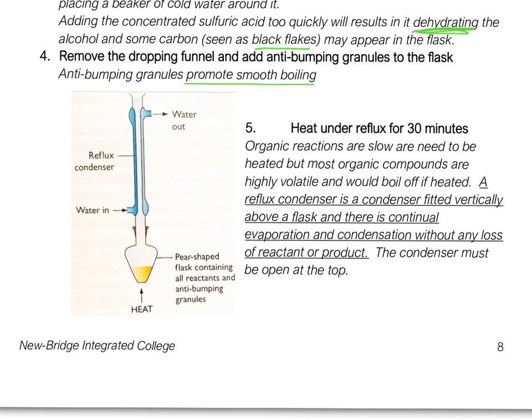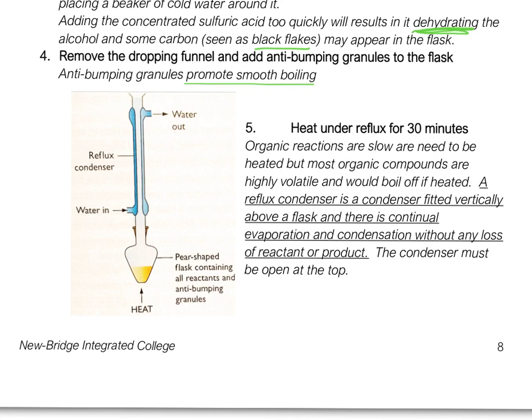So they prevent the reaction from being too vigorous and too bubbly, and it boils more smoothly. And that just prevents the reactants from splashing around the side of the container and allowing all the reactants to mix and react as far as possible.